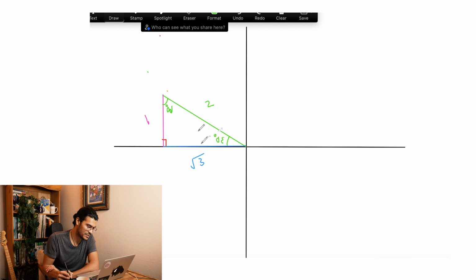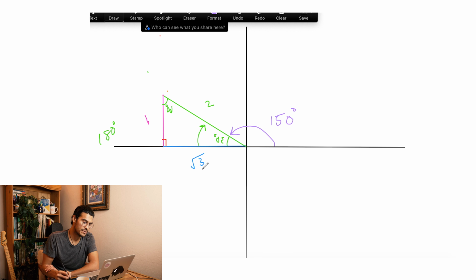But now, if this is a 30 degree angle above this 180 degree line, this represents an angle of 150. So rather than memorizing both 30 degrees and 150 degrees, now we can just think of these in terms of ratios.